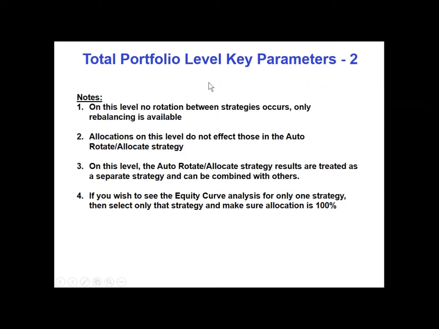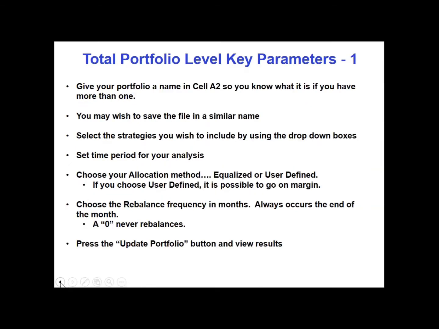So on this upper level we're looking at now, there's no rotation between strategies, but there is rebalancing. Now there's the auto-rotate strategy down below, and just be aware that allocations on this level do not affect those in the auto-rotate strategy. Also on this level, the auto-rotate allocate strategy results are treated as a separate strategy and can be combined with others.